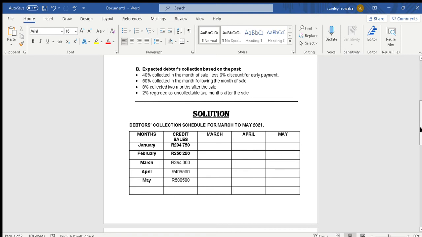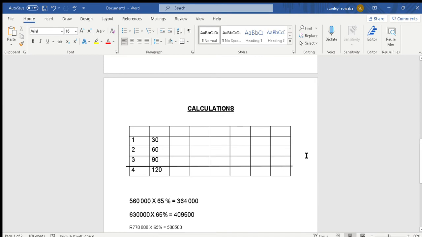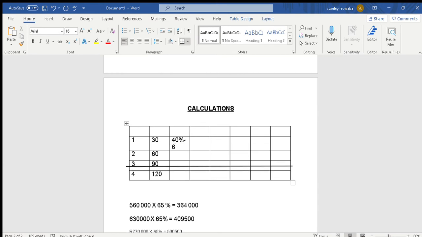Then we are going to have those percentages. They said we collect 40% less 6% discount. Remember that. Oh, my font is too big.